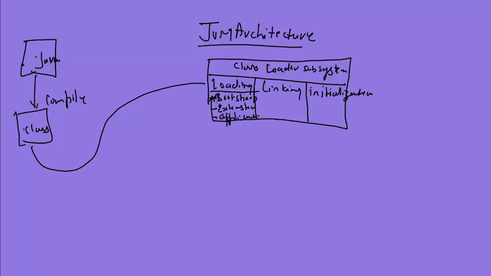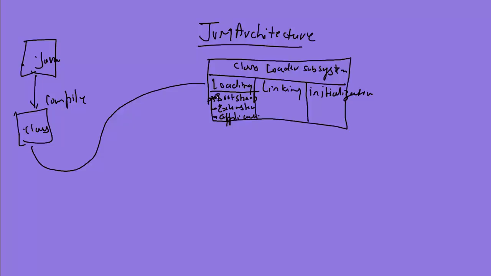The bootstrap class loader is nothing but the rt.jar, which is residing inside your JDK JRE lib, and the extension class loaders are residing inside the JRE ext. All the jar files will be available there. Application class loaders are the jar files related to the application. You might be setting them in the classpath, and all those things will be loaded.